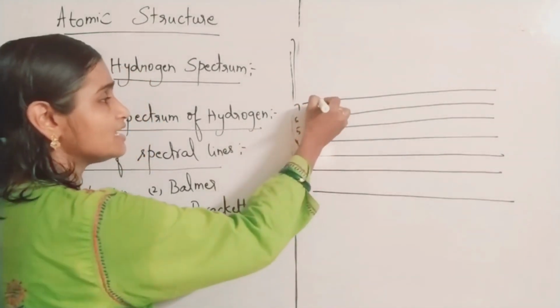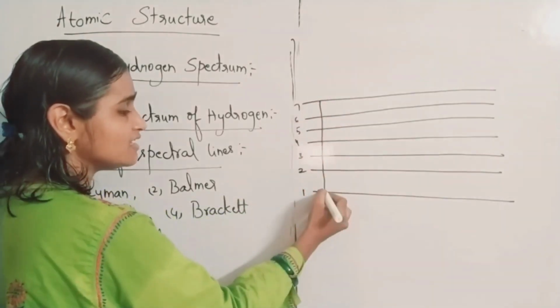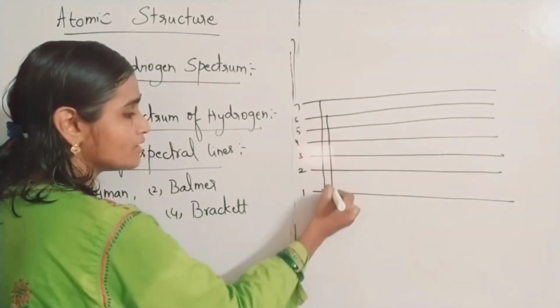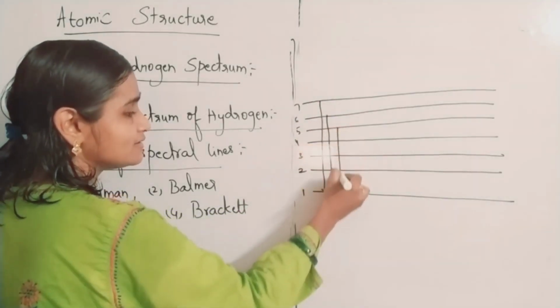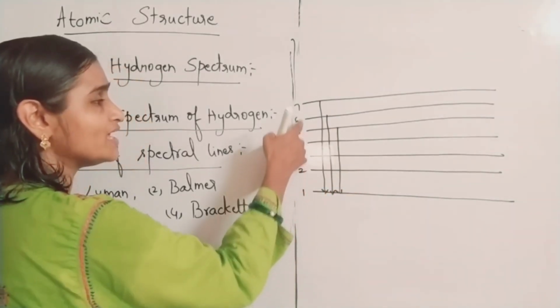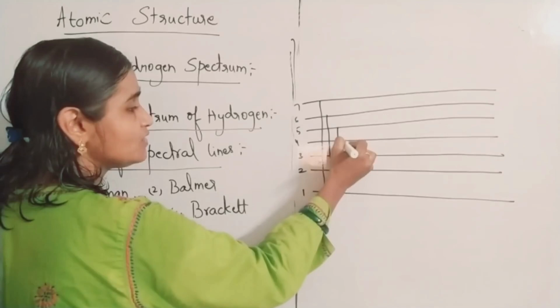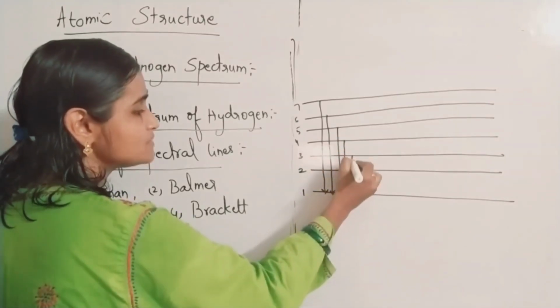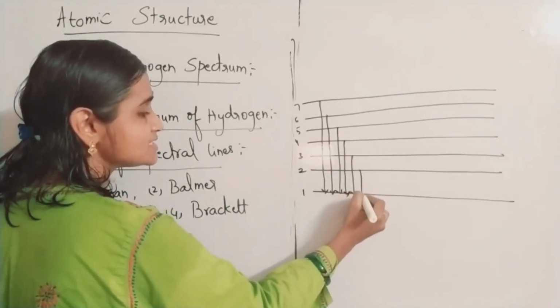From any of the higher energy levels, if they come back to the ground state, that means N1 is 1, N2 can be 2, 3, 4, 5, 6, 7. Then all such spectral lines come under the category of Lyman series.